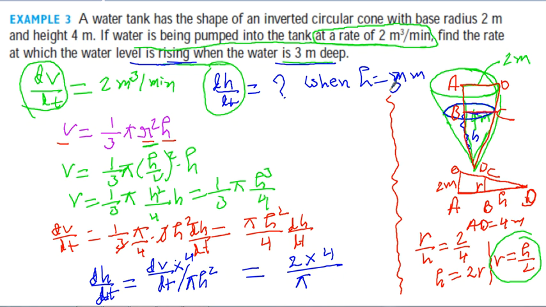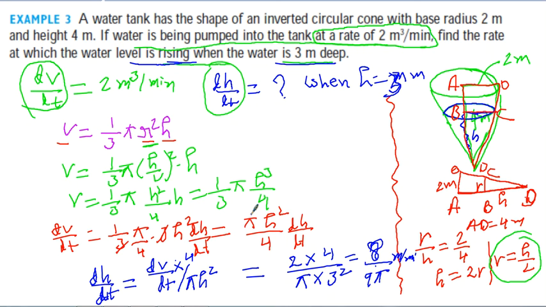The value of H is 3, so I can put 3 over here, 3 squared. Now we will simplify and find the value. It will be 8/9π, and approximately this is per minute.